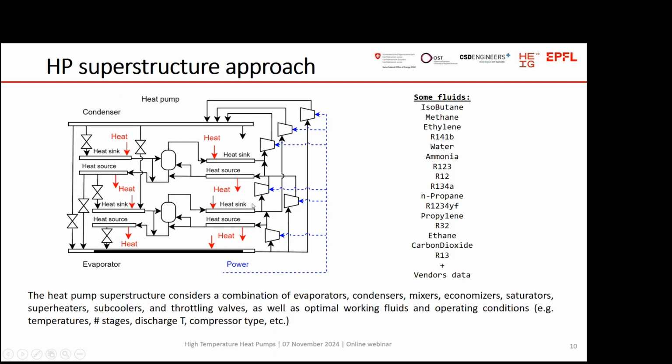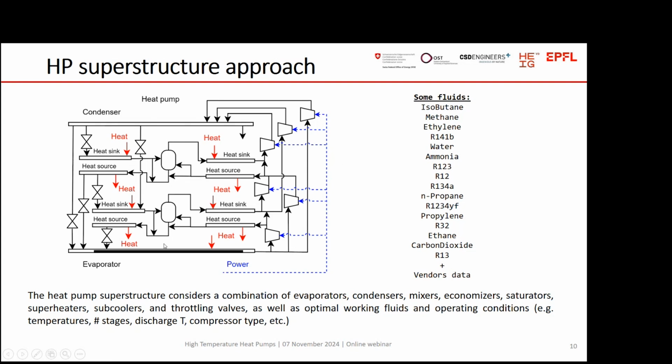Something that for this webinar is very important is to define the heat pump superstructure, so the importance of the heat pump superstructure. Because in this case, as we know, the heat pumps may consist of several levels of temperatures and of course pressures, in which we will have condenser headers and evaporator headers.